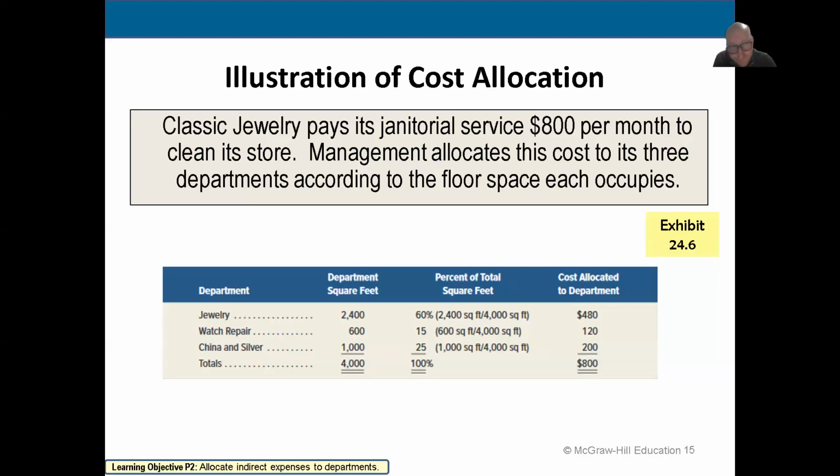So, here's how it works. We received a bill from the janitor services. They come and clean our store every month for $800. They vacuum the carpets, wipe down the glass, etc. Make the place look nice.